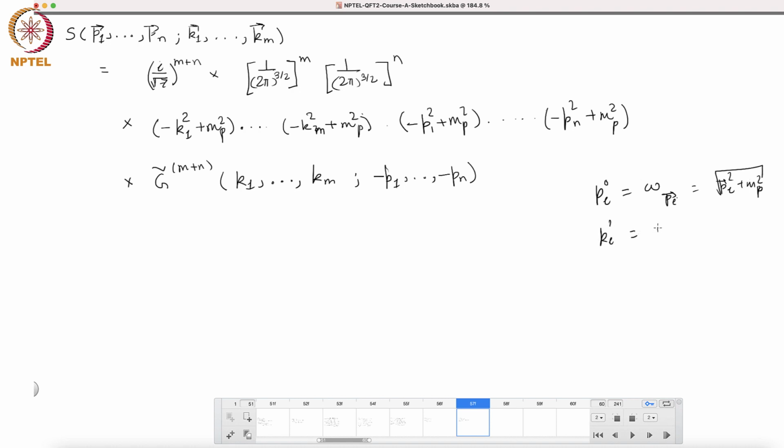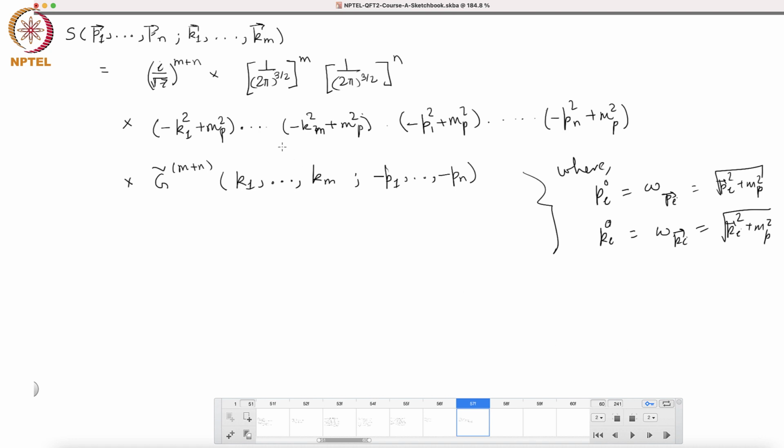That's the constraint you have on these four momenta. So this is all good. It continues in the next line.